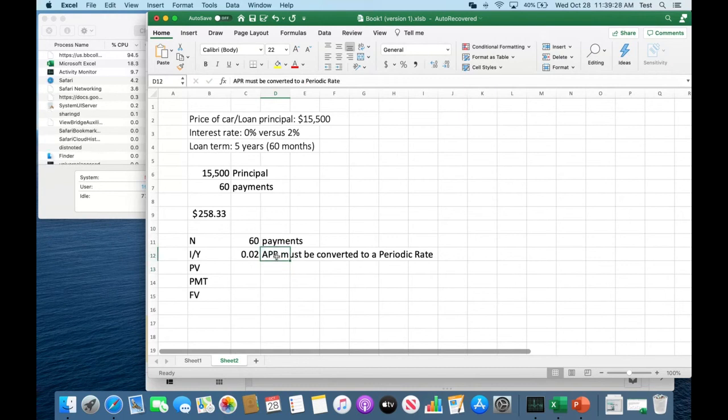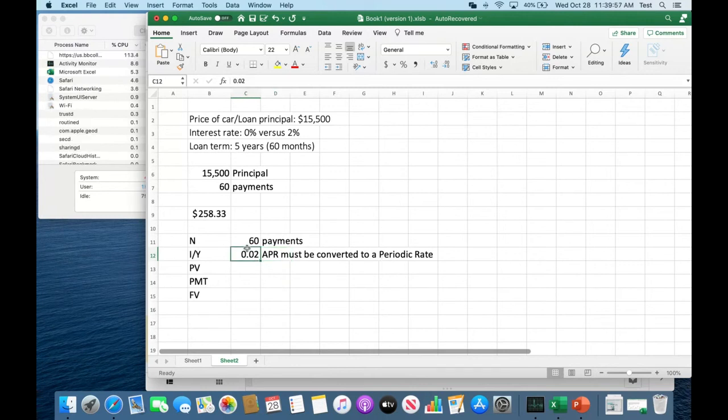It literally means the interest rate that applies to the pay period. Because if we're making a monthly payment, we cannot be determining monthly interest using an annual interest rate. We call it converting to the periodic rate because pay periods can change. It could be daily, just like with credit cards, but it could be monthly, like with homes and automobiles. So we just use an all-encompassing term, periodic rate.